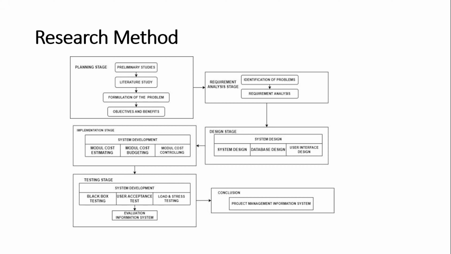Rational Unified Process is a software engineering process model used to increase the productivity of software development teams within an organization.